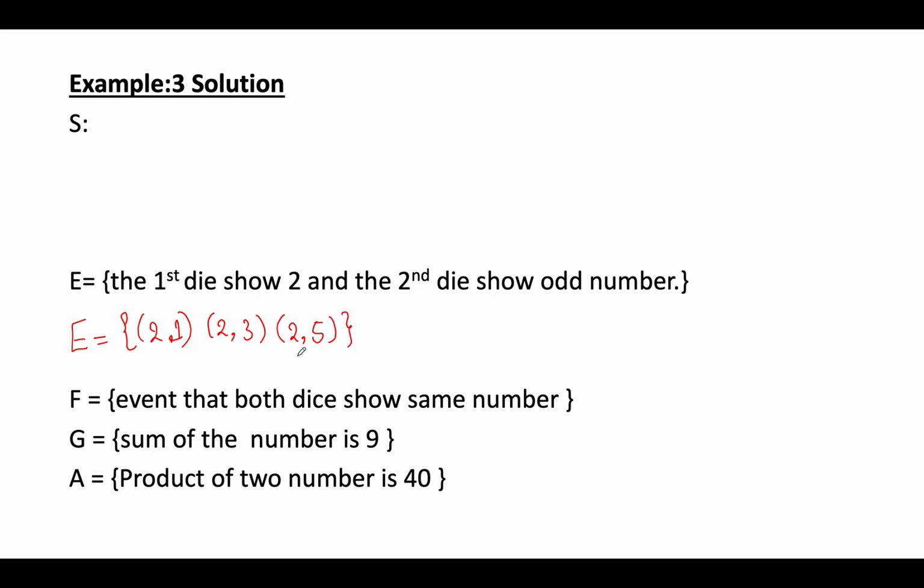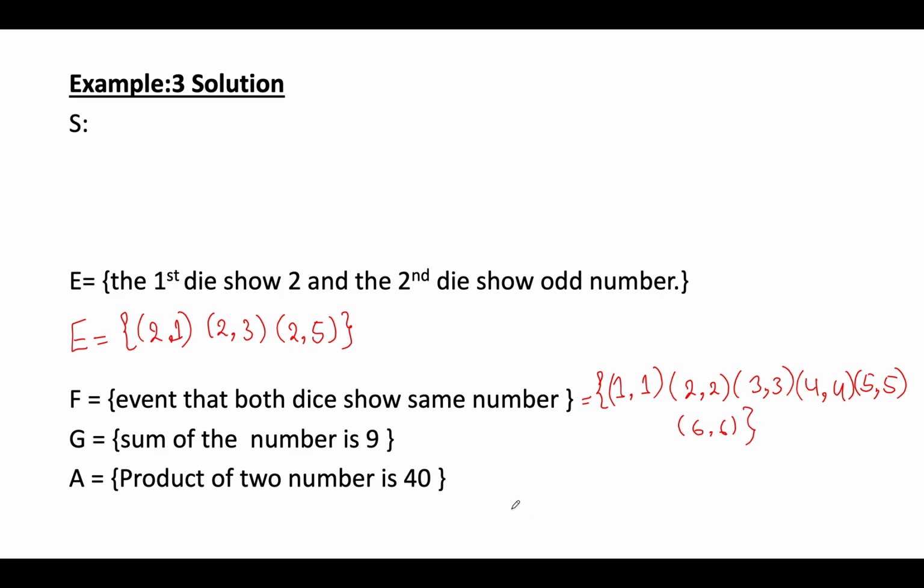So this is my event. How about the event that both dice show the same number? So here we might get 1, 1, 2, 2, 3, 3, 4, 4, 5, 5, or 6, 6.